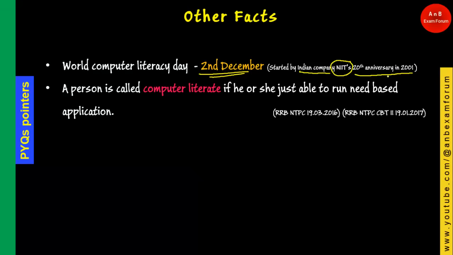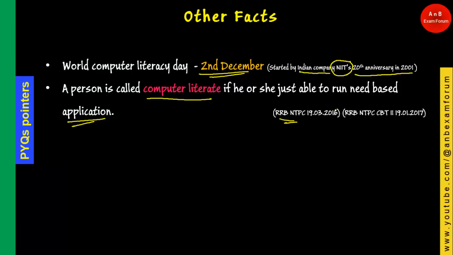Just remember, as I told you, that a person is called computer literate if he or she is able to run the basic computer application. This pointer was asked in RRB NTPC. If a person is able to handle or run an application on the computer, he is computer literate, whether he is educated or not.